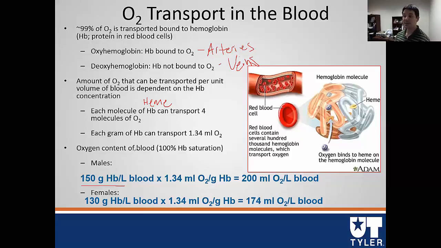erythropoietin, which stimulates hemoglobin production in the body to produce more red blood cells. So therefore, this 150 grams of hemoglobin gets higher, you then can increase the amount of oxygen carrying capacity.